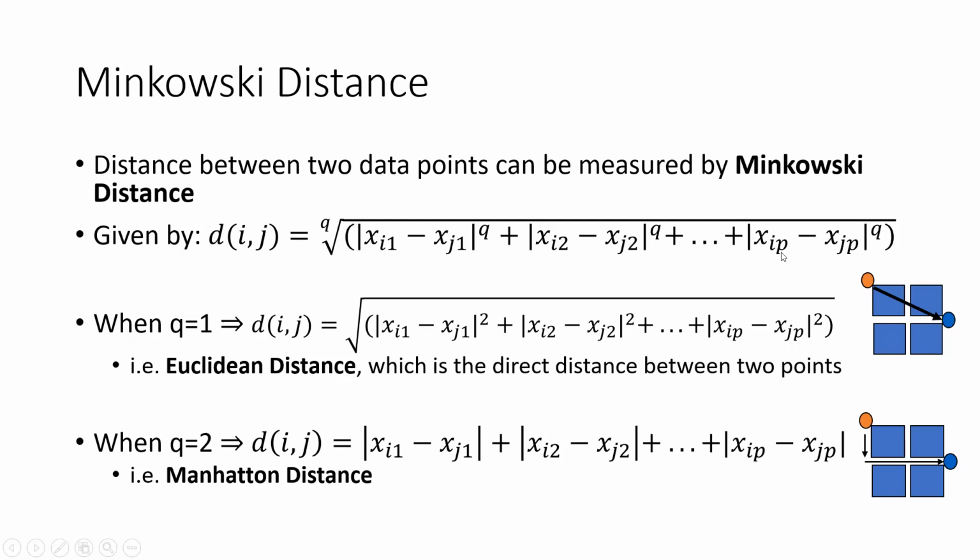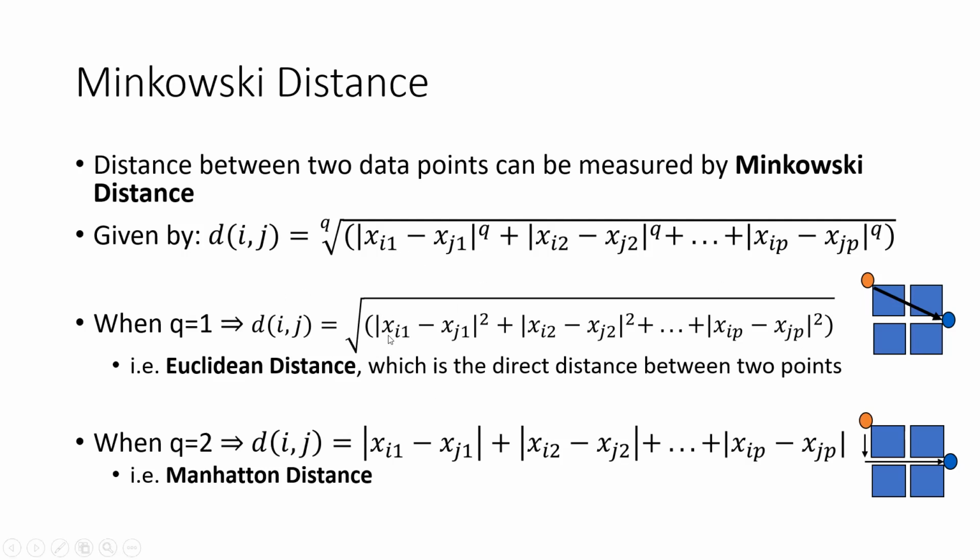Maybe the j's value is greater than the i's value in a certain dimension. In that case, we take the absolute value and take it to the power q, and then we add all of them and take the qth root of that sum, right?